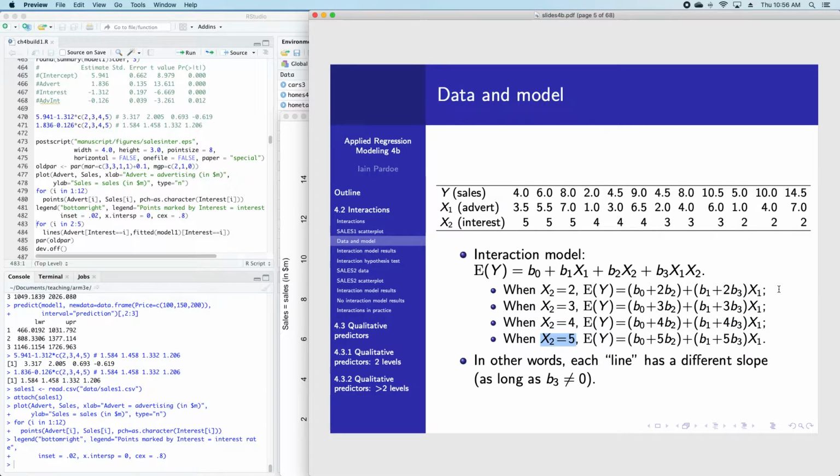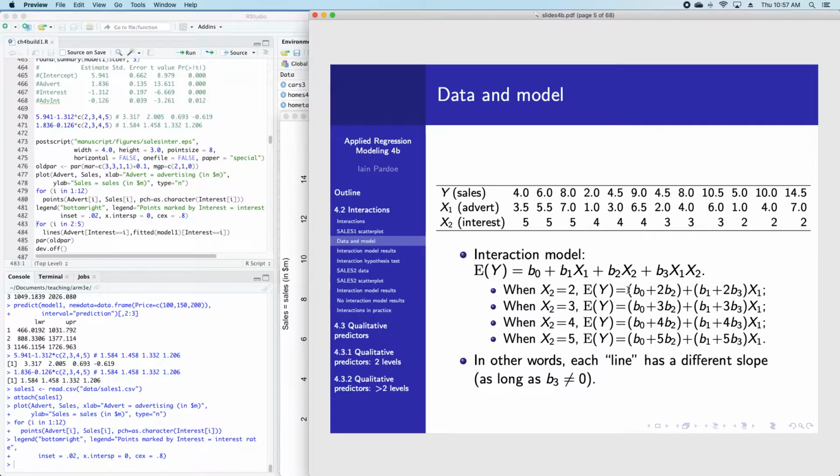So what I've done here is I've simplified my model and created 4 equations. One for x2 equals 2, one for x2 equals 3, one for x2 equals 4, and one for x2 equals 5. And they're all equations of a straight line with respect to x1.